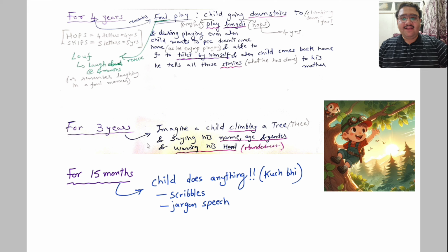So at 3 years, handedness, and name, age, and gender at 3 years, and climbs 1 foot per step upwards at 3 years. Then for 15 months, remember the child does anything. So at 15 months, scribble and jargon speech, like meaningless words, jargon speech.